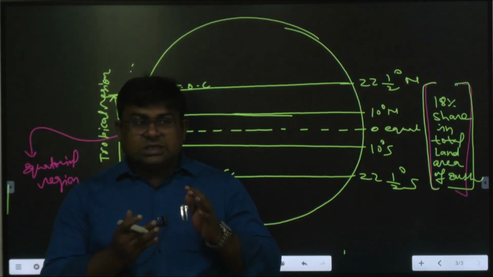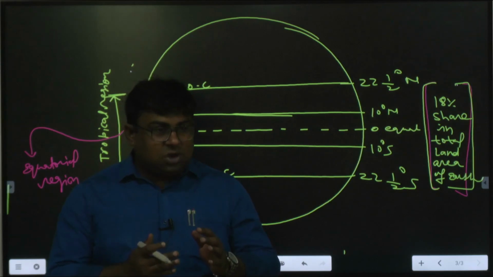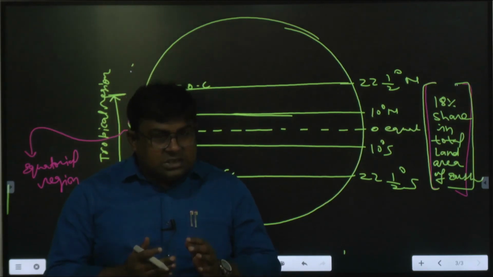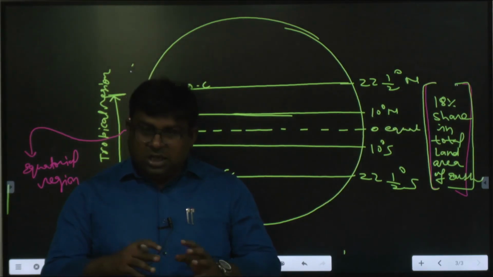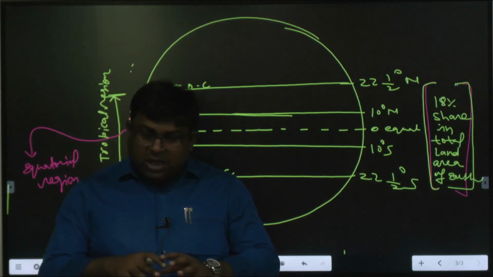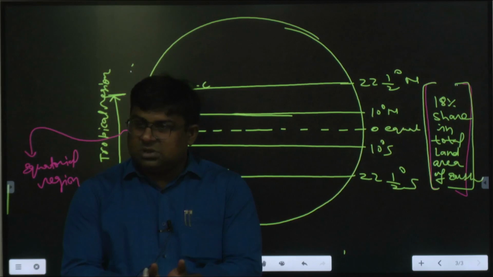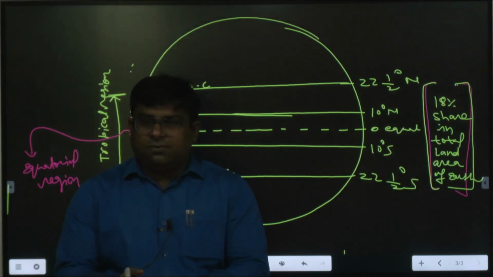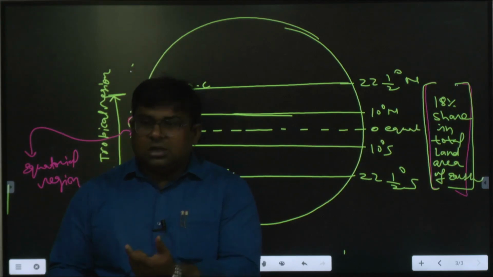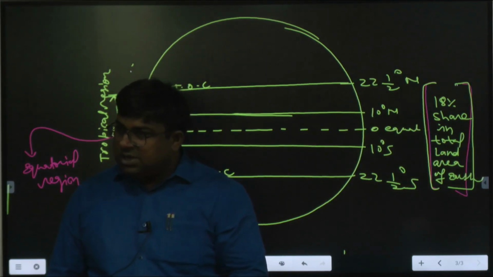It means that 66% of Earth's biodiversity is concentrated within an 18% proportion of the entire Earth's surface. Now this data is the most important proof of this term uneven distribution, right?